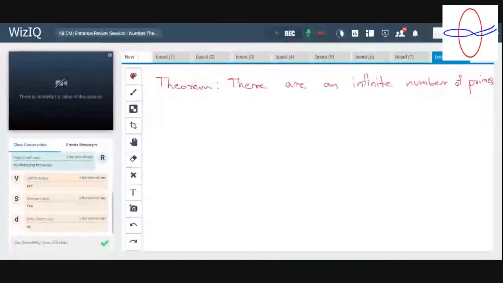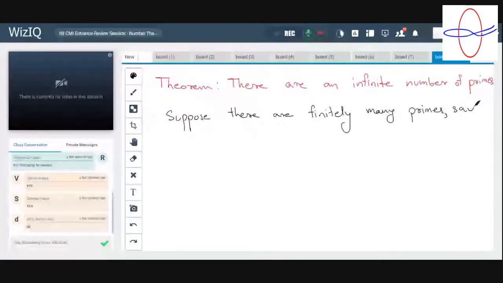So what Euclid argued was that suppose there are finitely many primes. So if there are finitely many, you can easily list them down. So say these are all the primes in the world.